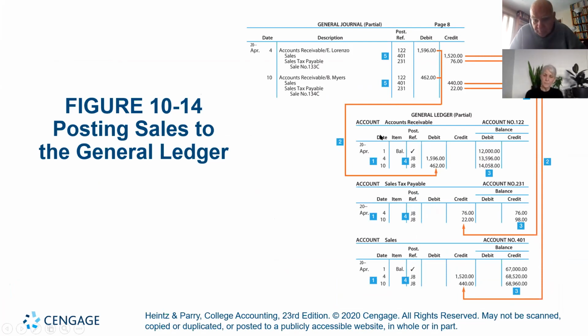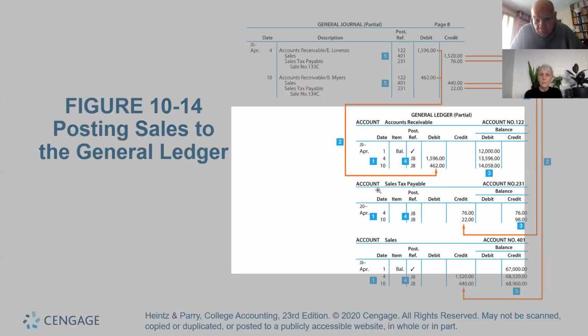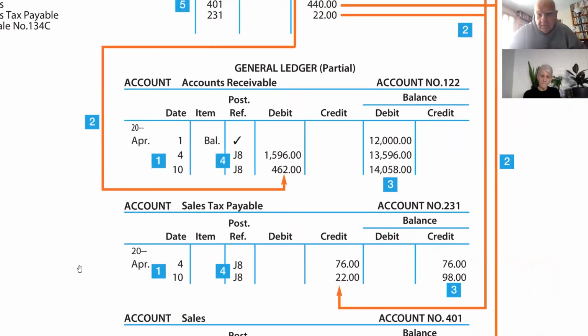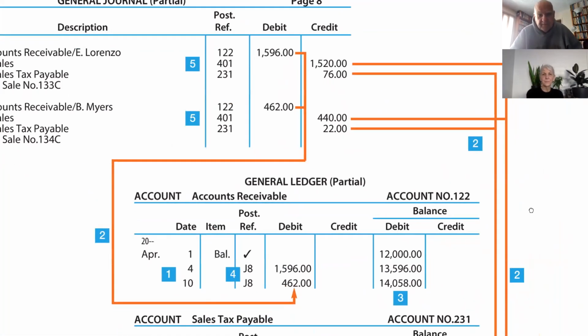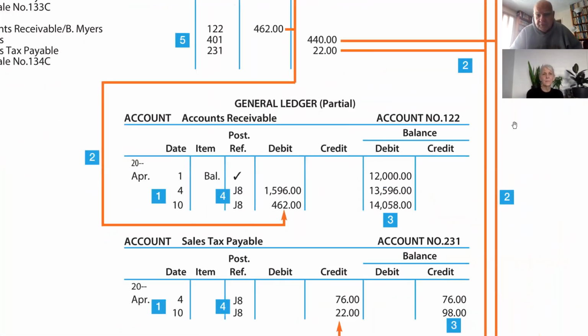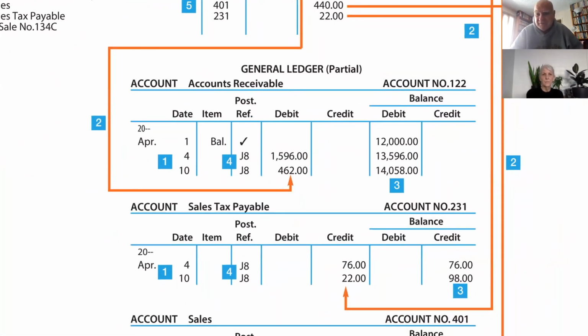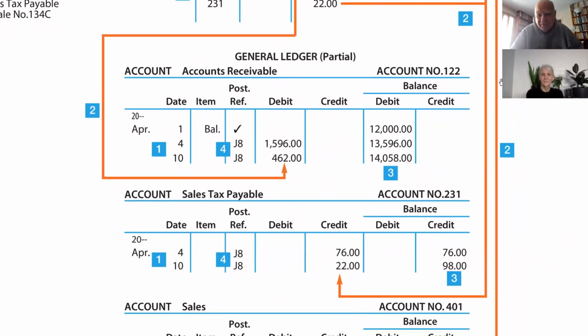Oh, it might not work on the Zoom, huh? Hold on. Oh, here we go. I think I'm making too big a deal of this. Oh, for heaven's sake, come on. Here they're just showing you the journal entry brought down to the ledger. It's harder for me to present it than it is to learn it, right?